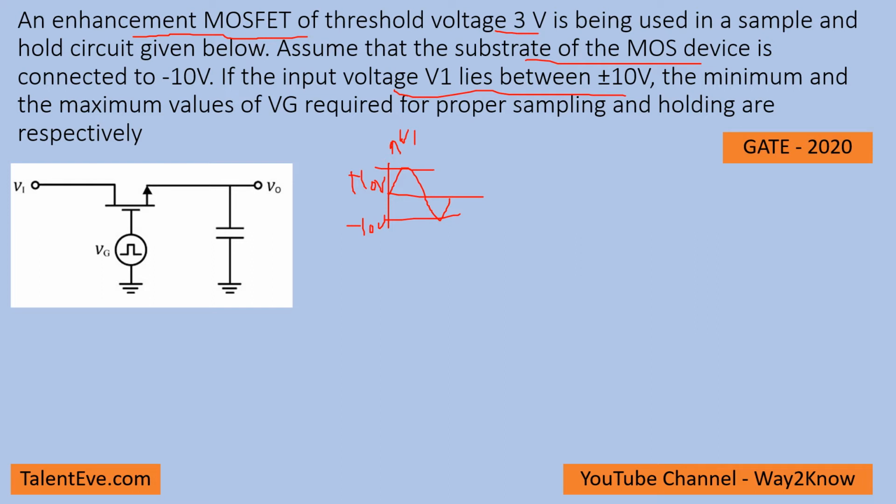A sample and hold circuit is basically used in A to D converters, where you sample an analog signal at regular intervals. There will be an analog input, and you provide it to a MOSFET first, where this MOSFET acts as a switching device.